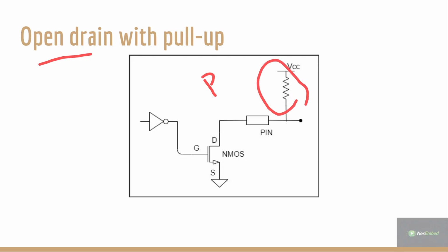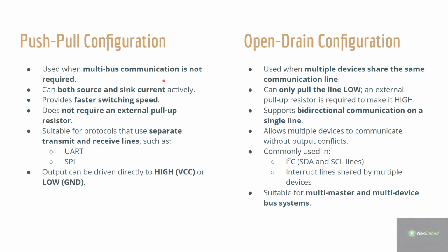This is open drain pull-up. So what is the difference between push-pull configuration and open drain? If I am not going for multi-bus communication, it is not required. But for example, if I am going for I2C communication, then I intend to select the open drain configuration.